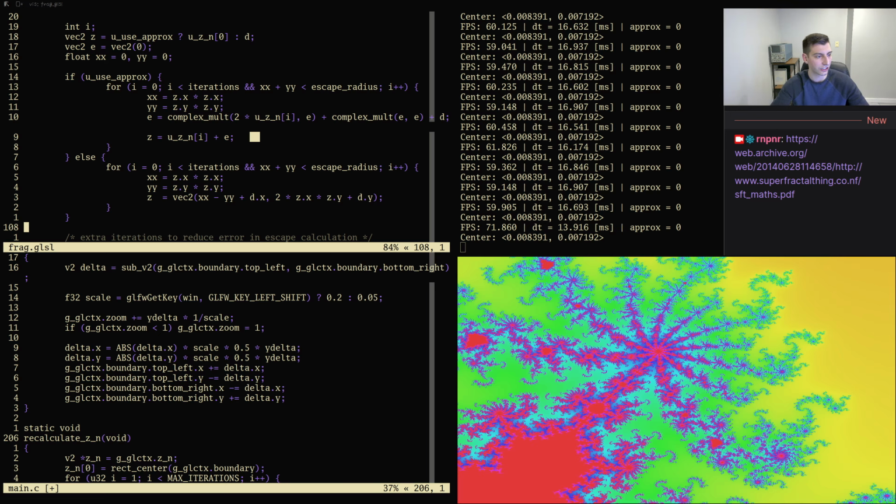YouTube apparently cannot process 4K 60 FPS video in less than 48 hours, despite the fact that I'm recording it in real time and encoding it using a more expensive encoding than what they use on YouTube. But apparently Google's unable to process a video in less than 48 hours. So we'll see how that goes.